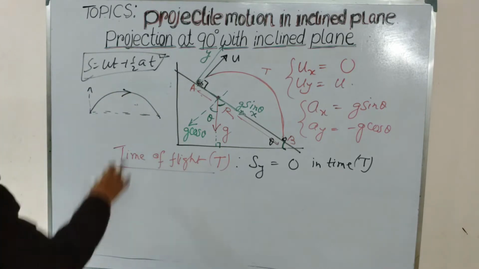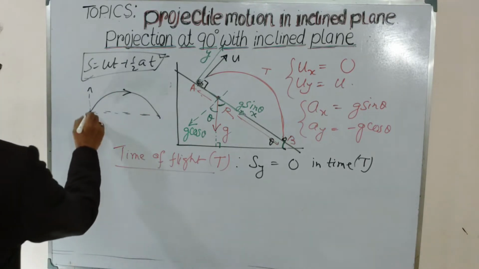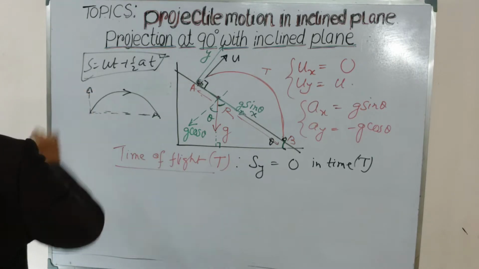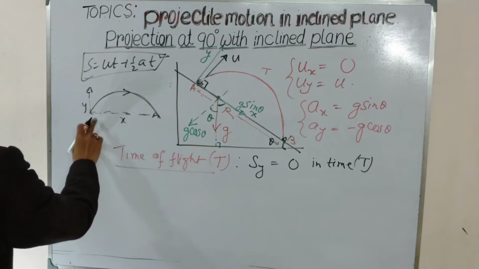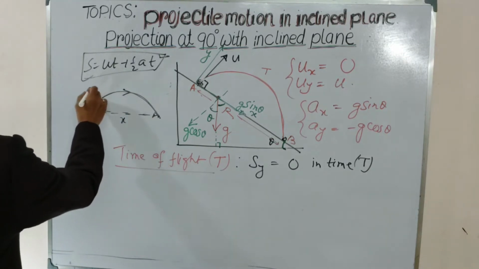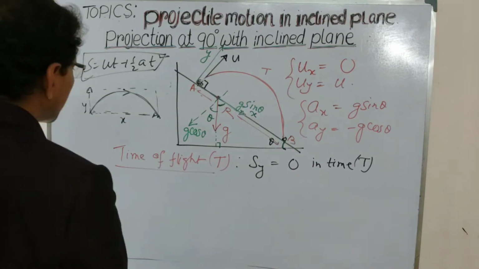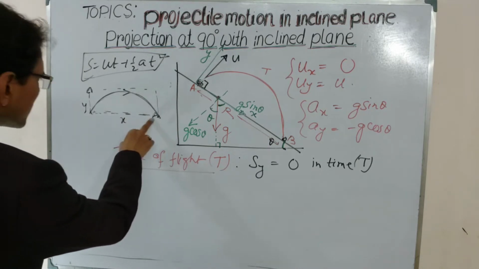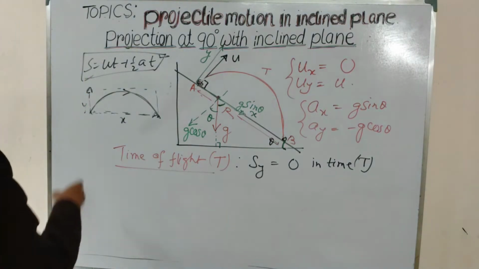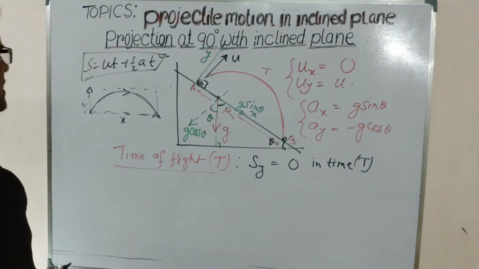This curved path is equivalent to this horizontal path and this vertical path. So we use the equation along the x direction and the equation along the y direction. There is no equation along a curved path; we always use the equation in a straight line.